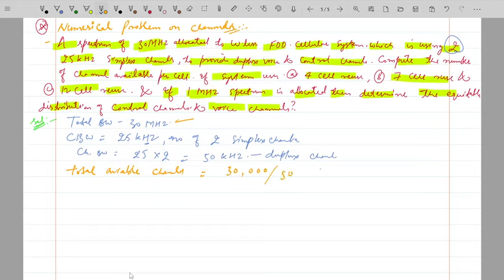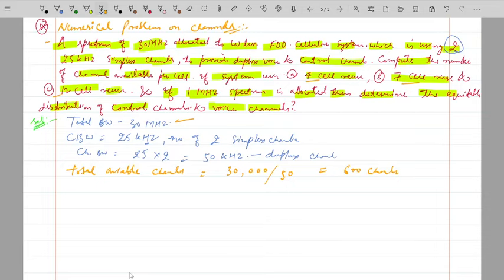Then we get a total of 600 channels. So a total of 600 channels are used here. We will distribute these 600 channels for different conditions: 4 cell, 7 cell and 12 cell reuse.